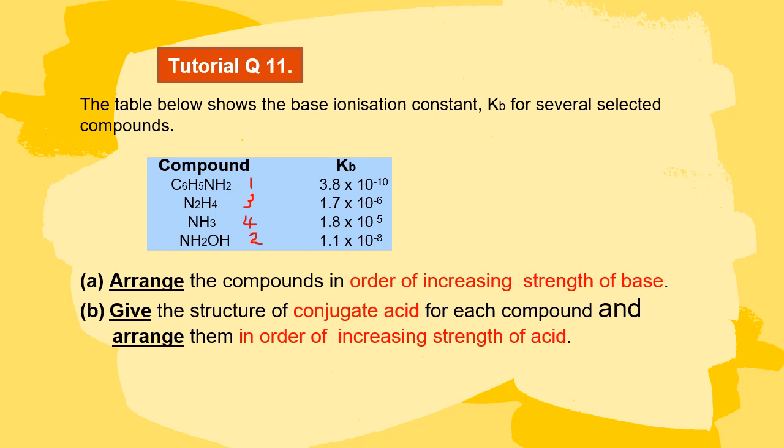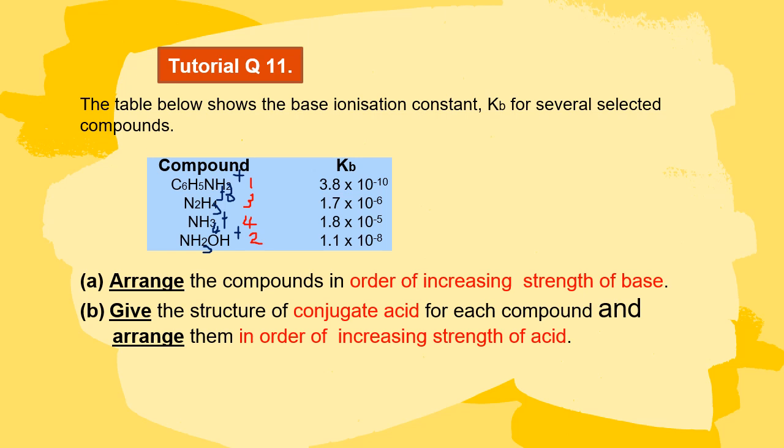According to Bronsted-Lowry, a base will accept a proton and form its conjugate acid. So after it accepts a proton, it will become NH3 positive, this will become NH5 positive, this will become NH4 positive, and this will become NH3OH positive. These are the conjugate acids.